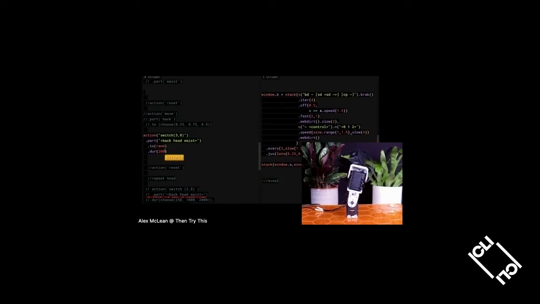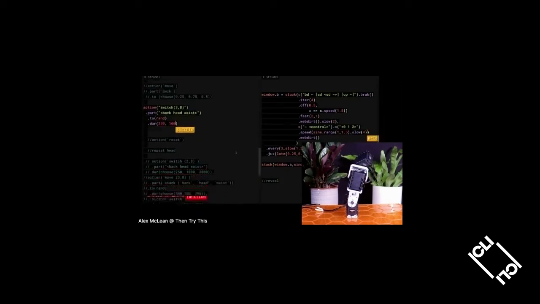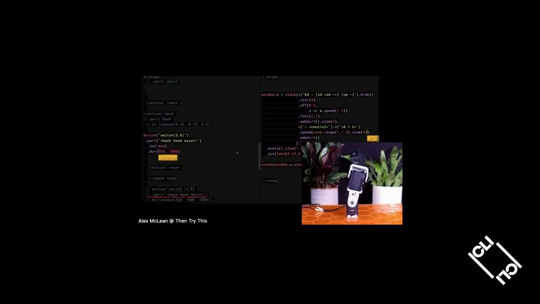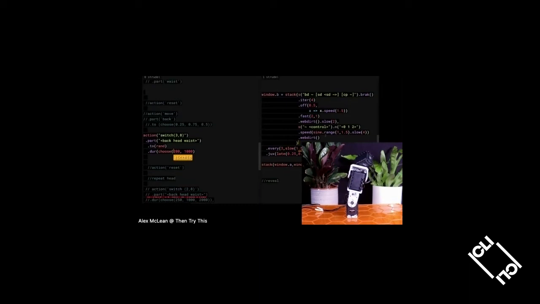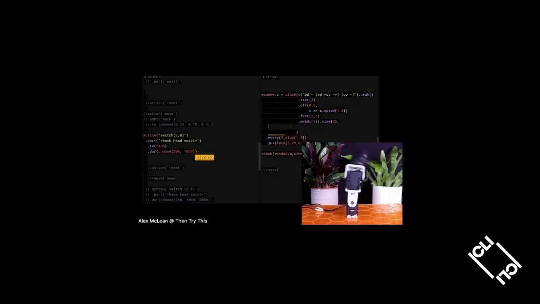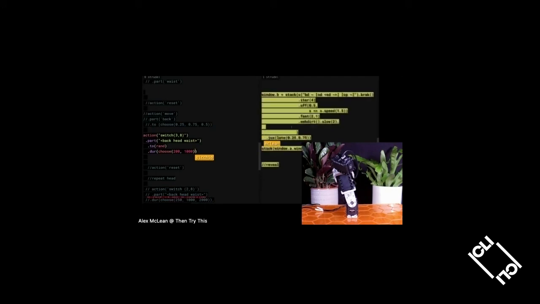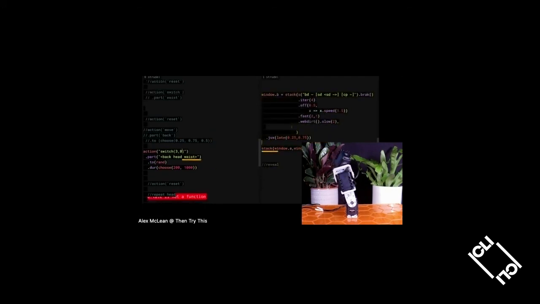Switch your head over 0.2 seconds. Switch your waist over 0.2 seconds. Switch your back over 1 second.